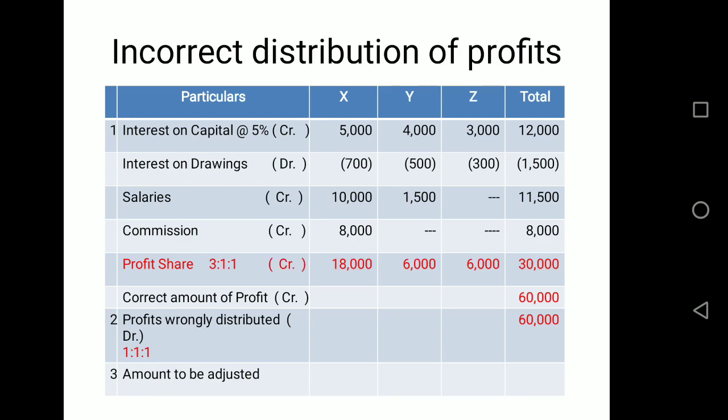30,000 was the total of provisions, and after subtraction of that, 30,000 is left, which is to be shared in the ratio 3:1:1. Interest on capital 12,000 is to be given, interest on drawings 1,500 rupees is to be charged, salaries 11,500 are to be given and commission 8,000 is to be given. The total is 30,000, and from 60,000, after subtracting this 30,000, whatever is left, that 30,000 we have distributed in the ratio of their profit share.